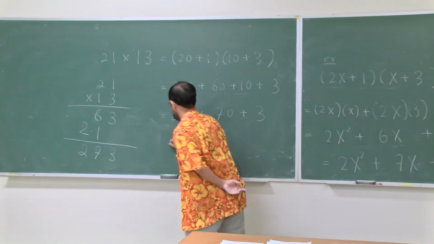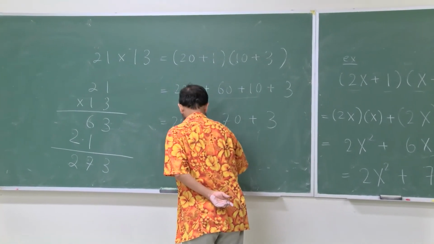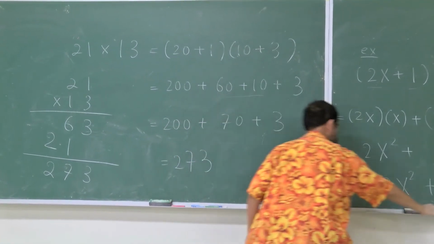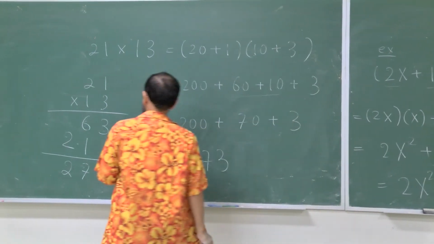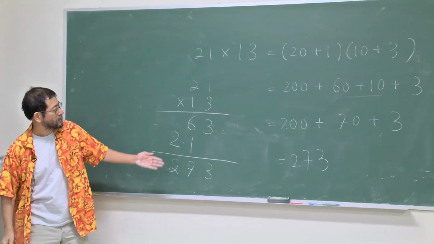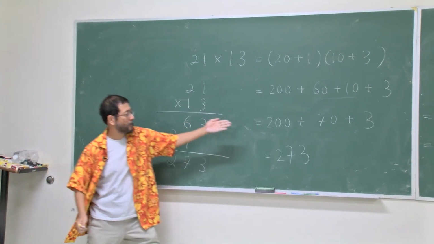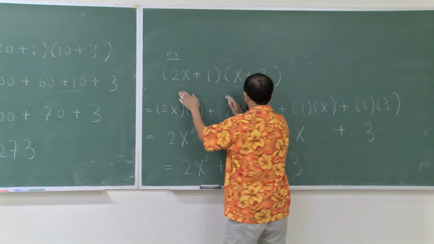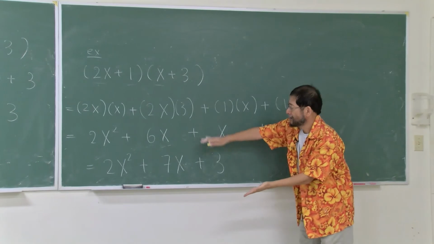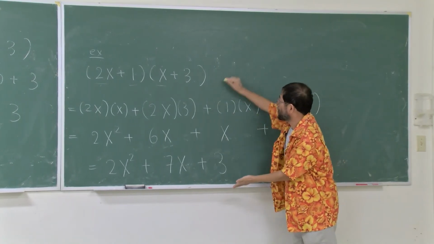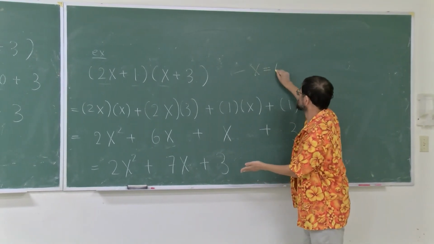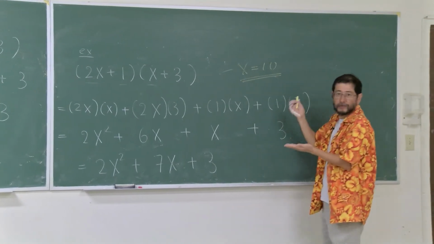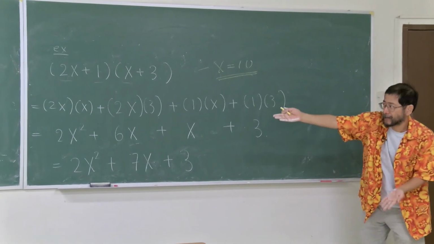So you have that. Compare this one and that one, and also this one. So this is an identity. So you exactly apply this FOIL for x equals 10, because it's true for all x. Then you exactly get that.